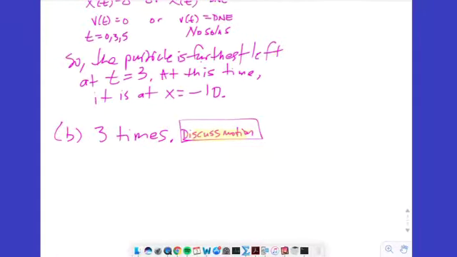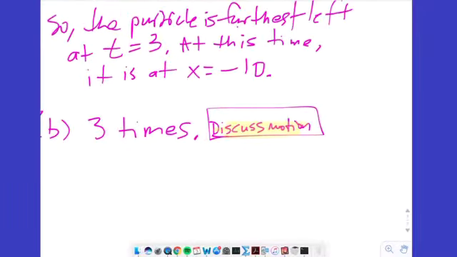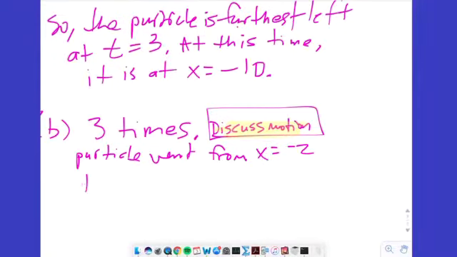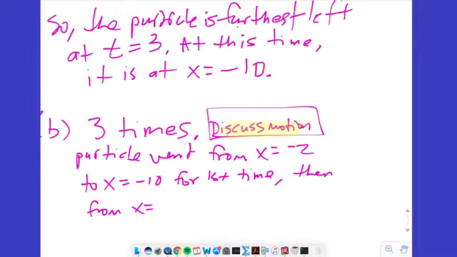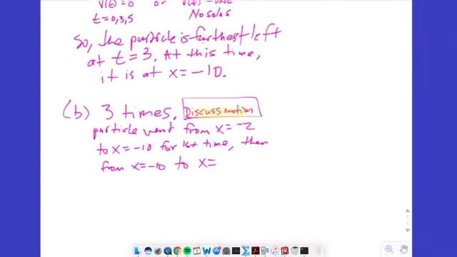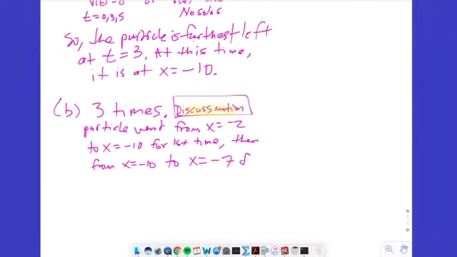So here's what you had to say. Something about the particle went from x equals -2 to x equals -10 for the first time. Then from x equals -10 to x equals, what was it, -7 for the second time.